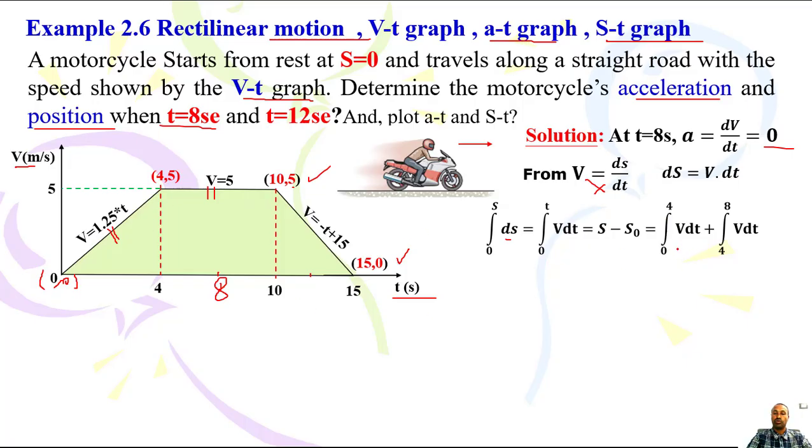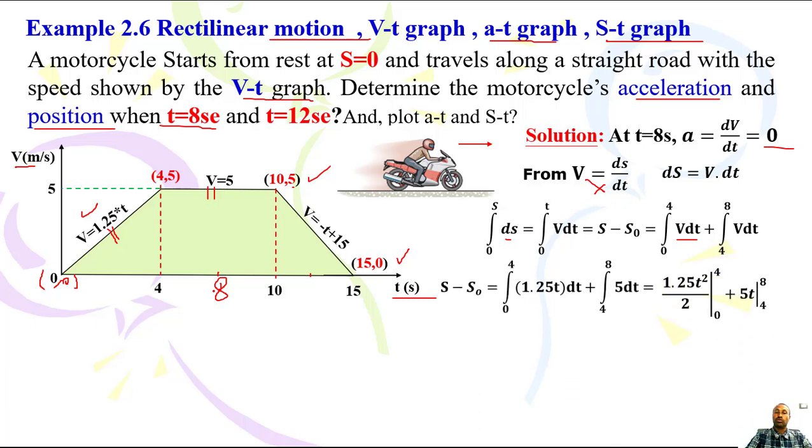From 0 to 4, v dt uses the first function, 1.25t, and from 4 to 8 you use the constant velocity, 5 dt. After integration, you have this one plus 5t from 4 to 8.